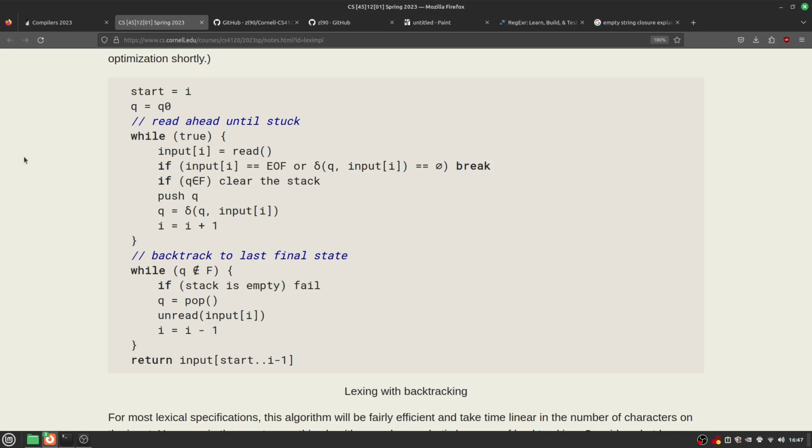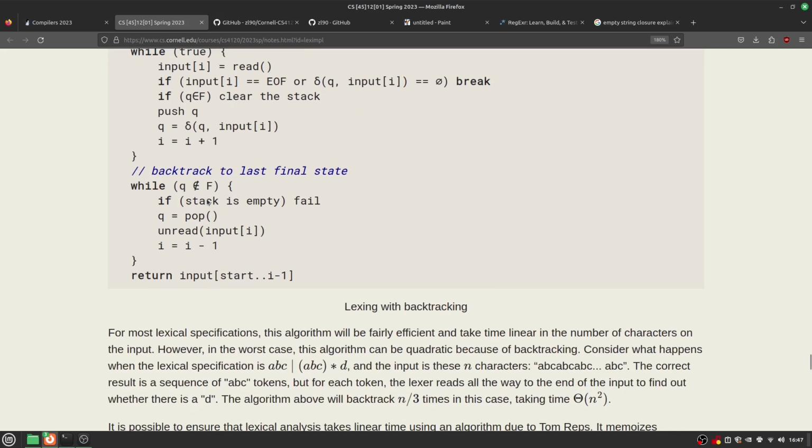If the state is in the final states, we clear the stack. We push Q. Then we progress to the next state by calling the delta function with the current state and the next input symbol, and we increase the I value.